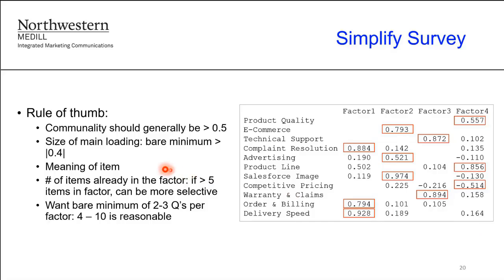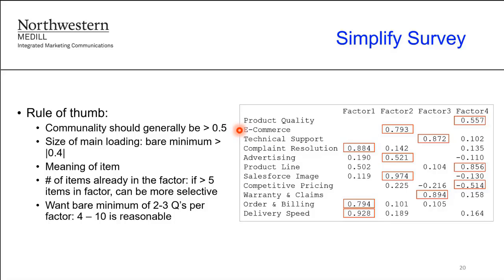And how about the third rule, meaning of items? Practically, we have to consider the meaning of the item, okay? If the item is not meaningful in the survey, we may want to consider dropping the variable. And the next one is the number of items already in the factor. So if the number of items for a certain factor is over 5, then we can be more selective.